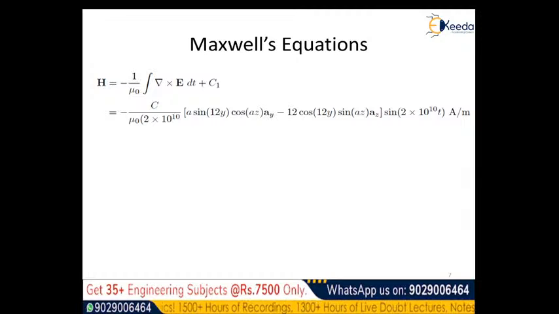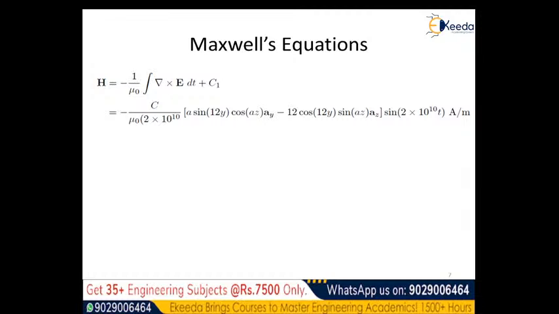This square bracket, having the difference of the two terms, is multiplied by sine of 2 into 10 raised to the power 10 t. As this is the expression for capital H, the magnetic field intensity, it is expressed in amperes per meter. In this expression the capital C1 value is equal to 0. It is the constant of integration, and the reason is there is no initial condition put forward here.